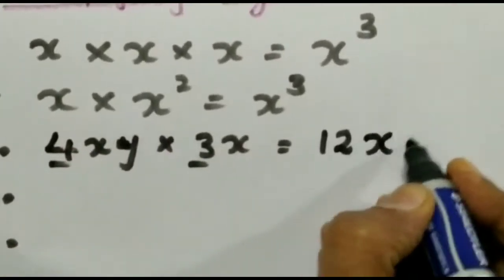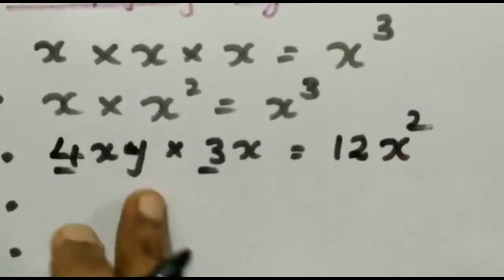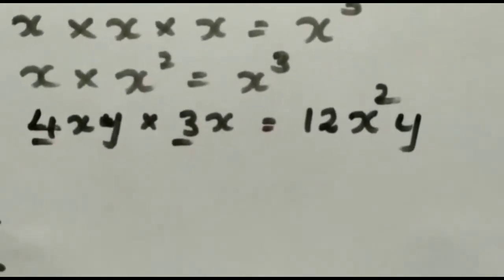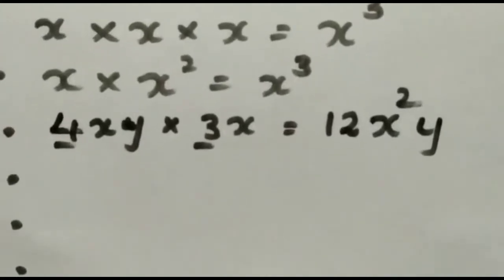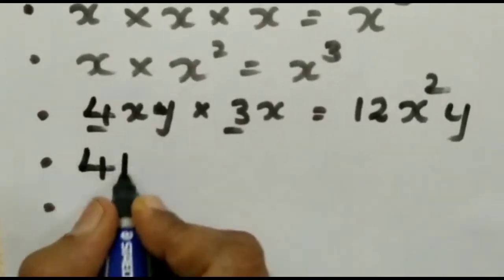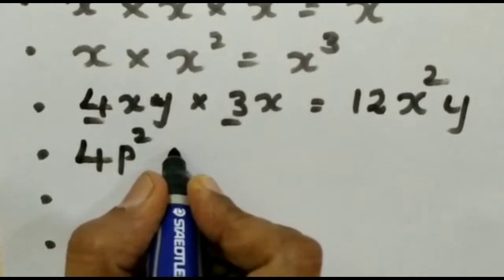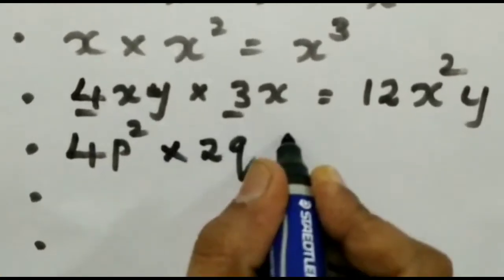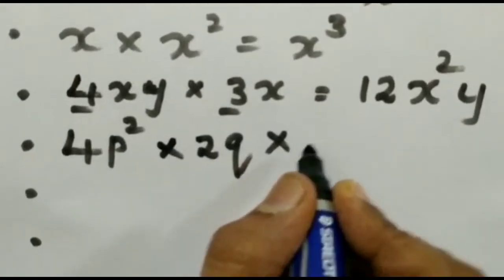So x raised to 2. And y only once. So 12x square y. Next example, 4p square multiply 2q multiply 5p.